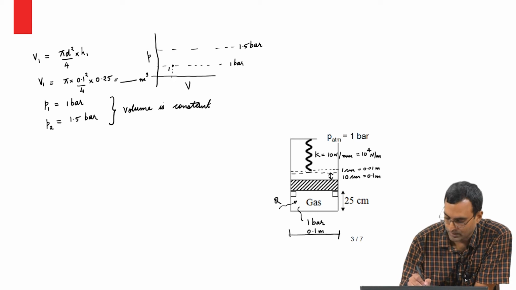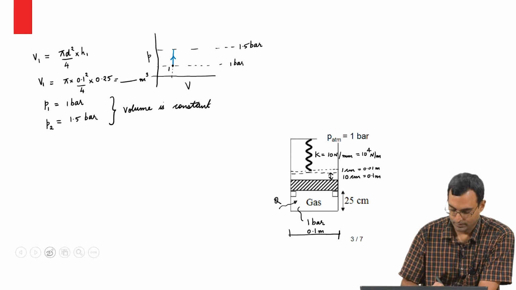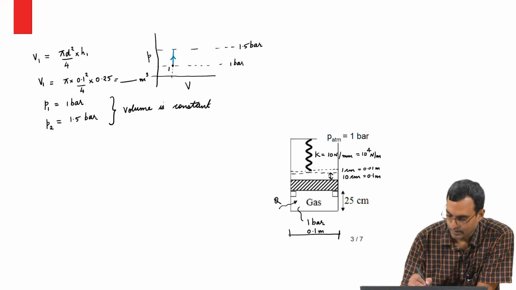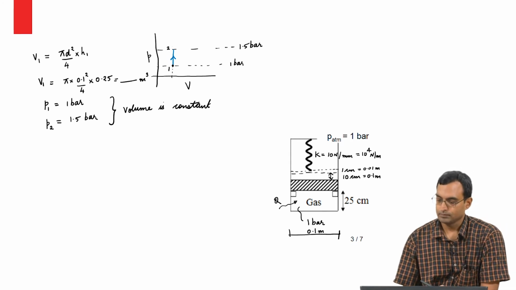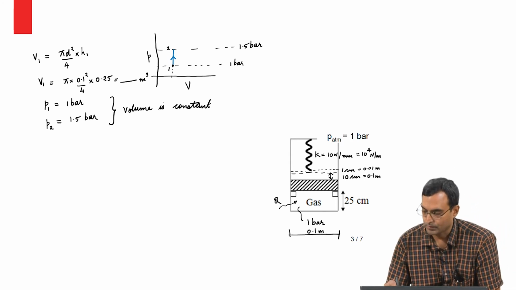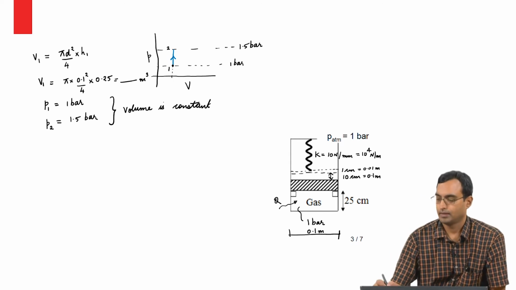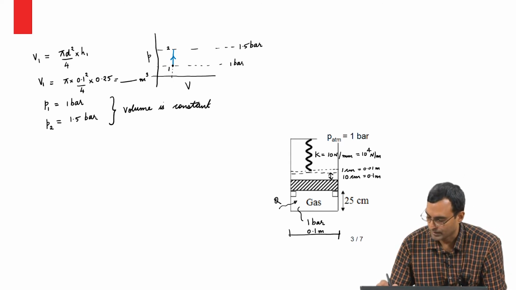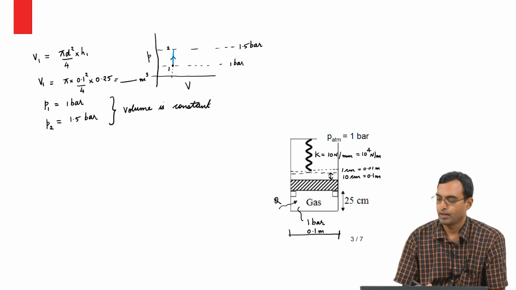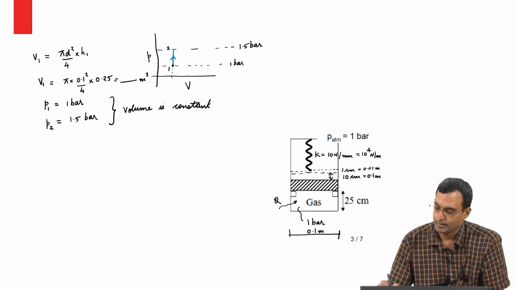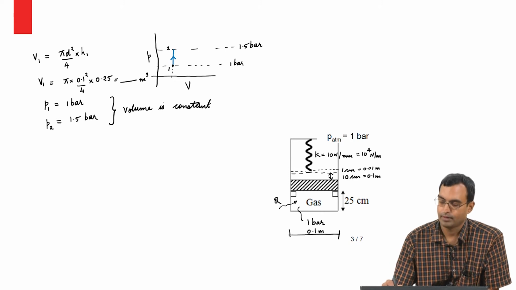That means it must be a vertical line, going from 1 bar up to 1.5 bar, and this is my point 2. We are still at the same volume, but the pressure has now gone up. After this, the piston can move 10 centimeters till it hits the spring.